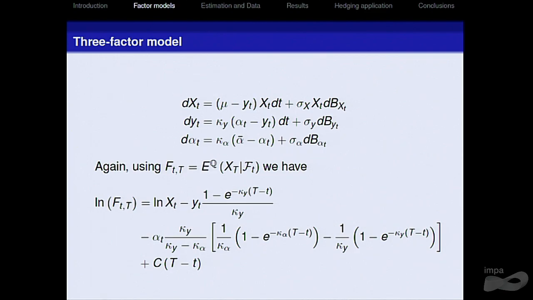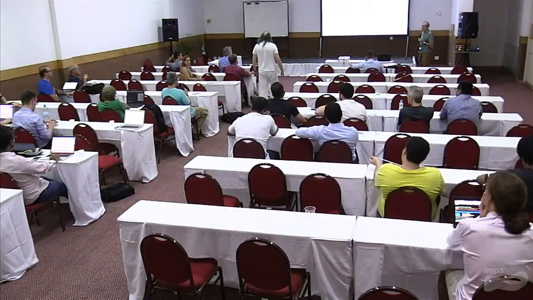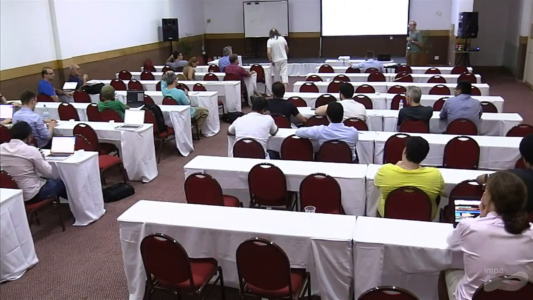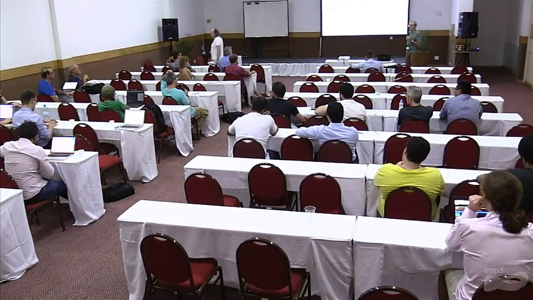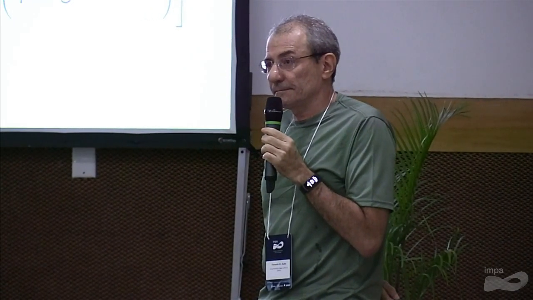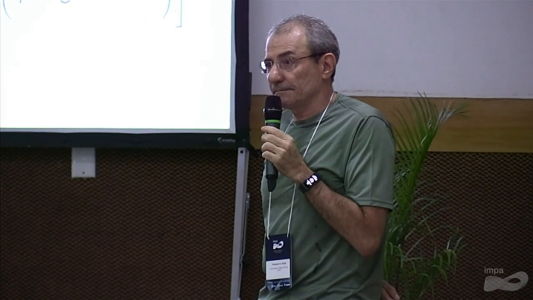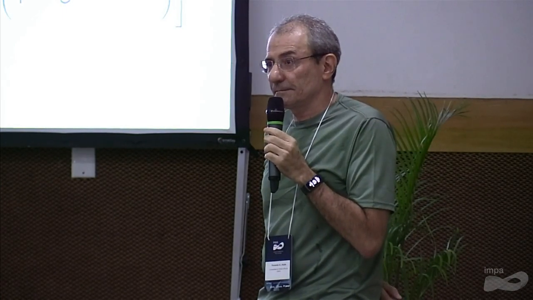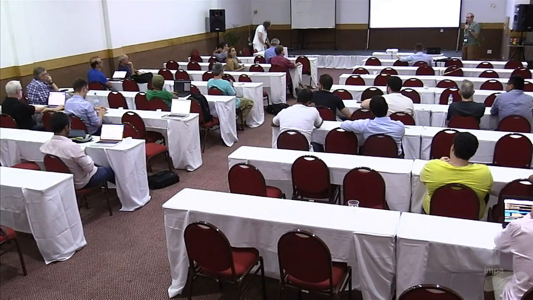Any other? Yeah. So, Fernando, if I remember correctly, Sebastian has a stochastic volatility model for futures. And you decided to make the mean stochastic, not the volatility. Do you have any rationale for that?